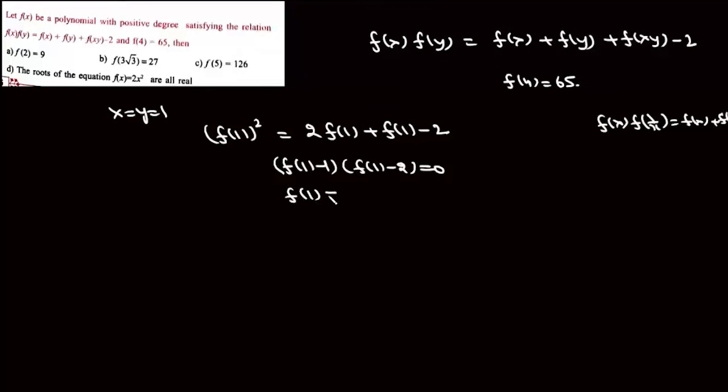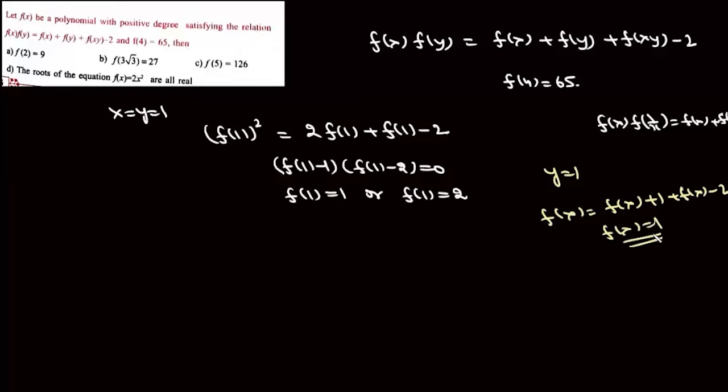So either f(1) is 1 or f(1) is 2. If we take f(1) as 1, then in that case, if we put y as 1, we'll get f(x) equals f(x) + 1 + f(x) minus 2. Then f(x) will become a constant function and it cannot take value f(4) equals 65. So f(1) is not equal to 1, f(1) is equal to 2.